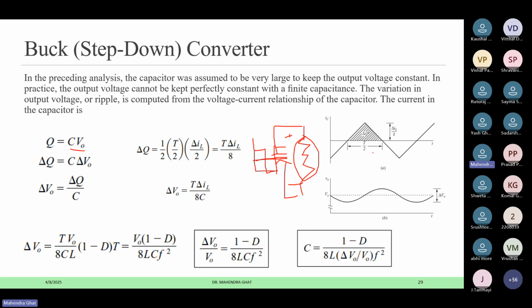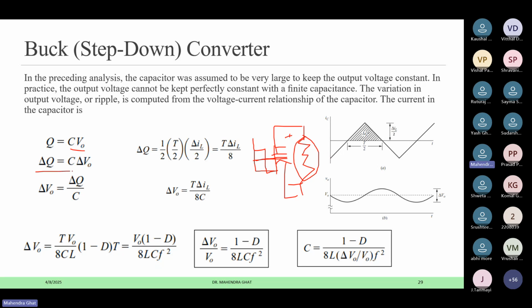And over the period T, you will get the same charging and discharging, because it is a storage element and in steady state it will not store any energy. Whatever energy is charged, the same will be discharged.